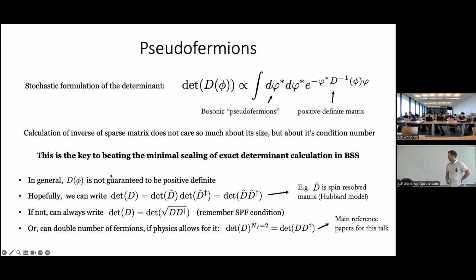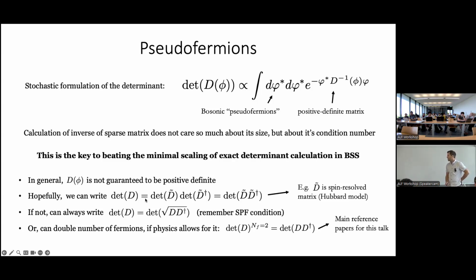So in a lot of models, hopefully we can write this determinant as a product over two smaller determinants, where D tilde is some kind of, for example, a spin resolved fermion determinant, like in the Hubbard model, or maybe a flavor resolved fermion determinant, like in other models. This is a case that happens frequently, actually more frequently than you think in these sign problem free models.